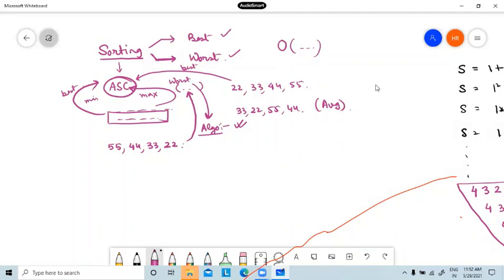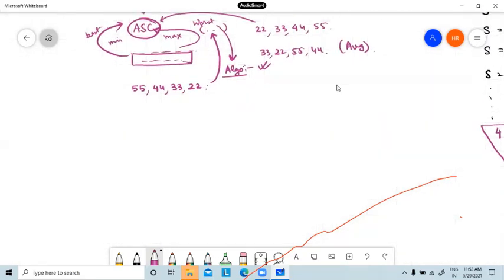But if it is not sorted, whichever performs in less time will be considered a good algorithm. Okay, so with a little bit of idea about the algorithm and how to measure the complexity, we are now going to discuss bubble sort.